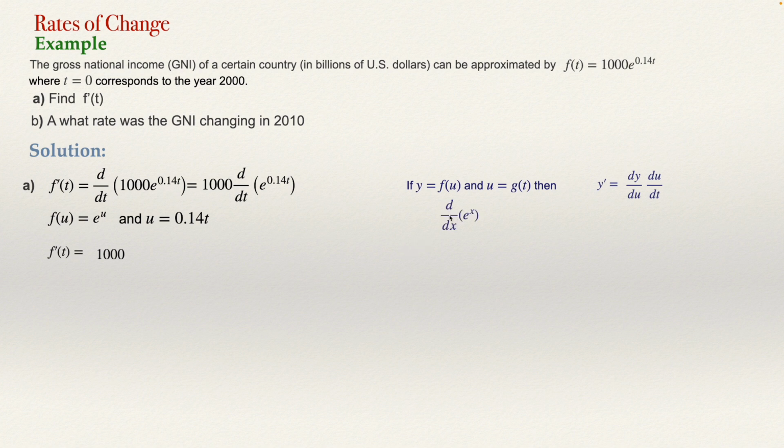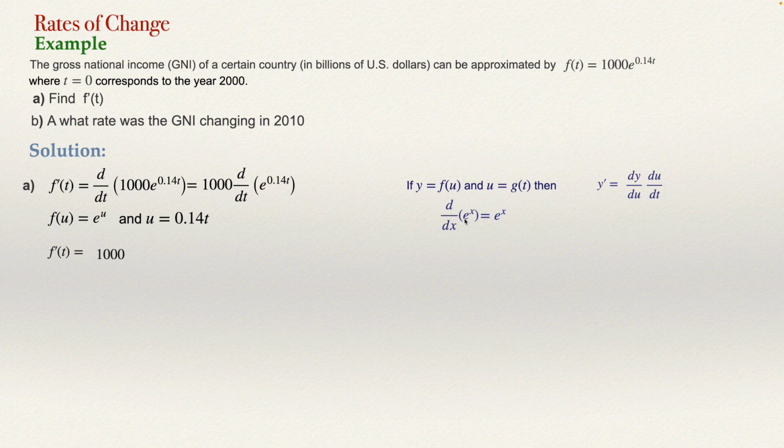We know that the derivative of e to the power x with respect to x will be e to the power x. So if the exponent is the same independent variable, then the derivative of this special function is itself. This is one of the rules of derivative.